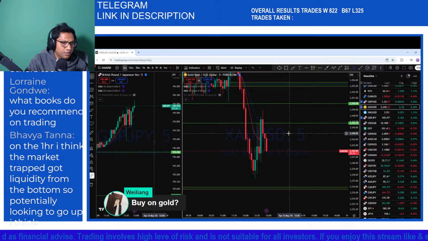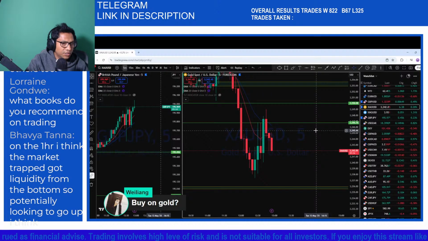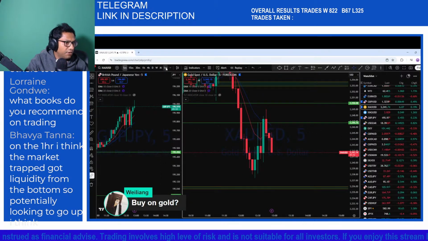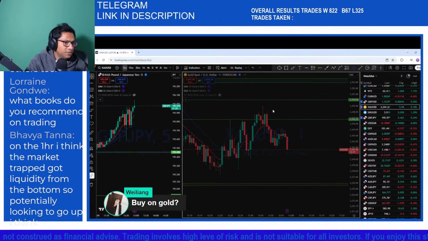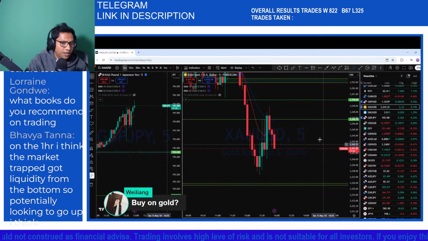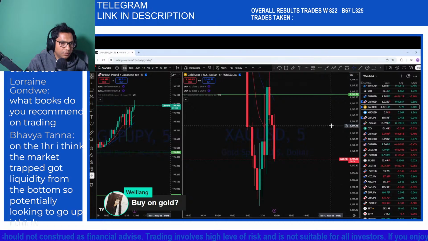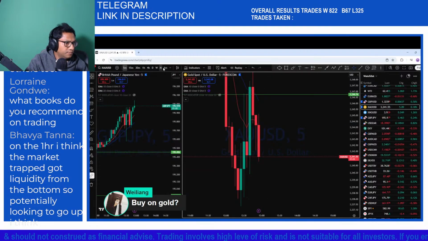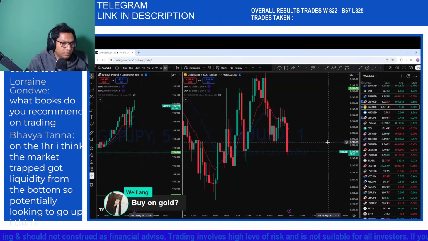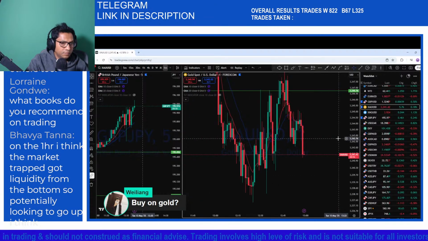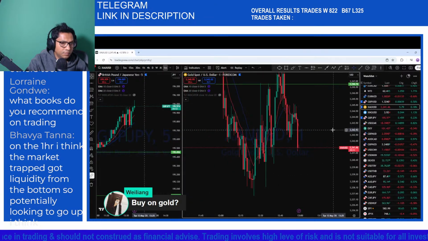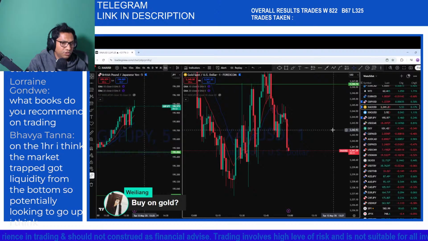If we look at the 5 minutes here, you can see there is a bear candle formation. The market is still showing that bearish movement here, and this is so far bearish in that area.